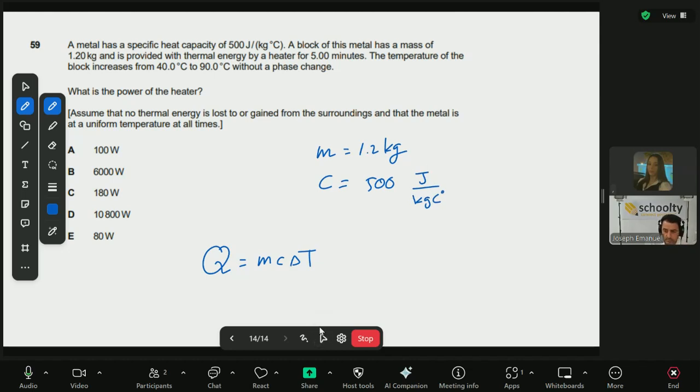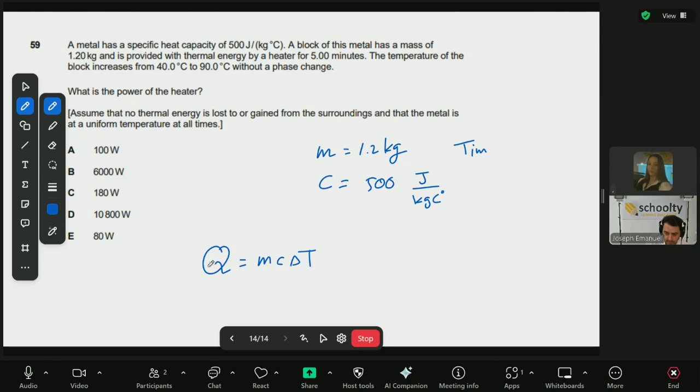And also we have time. How much time? 5 minutes. Okay, time we will use for later, because this is the energy.